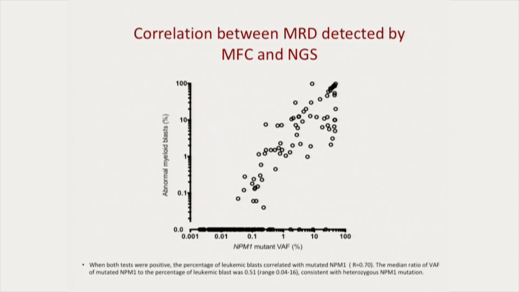We also quantitatively compared those two types of MRD, flow versus NGS. It shows that if both are positive, there is a relatively good correlation, with R of 0.7, though R squared is only about a half. There is a subset of specimens with a higher proportion of mutation compared to the flow.